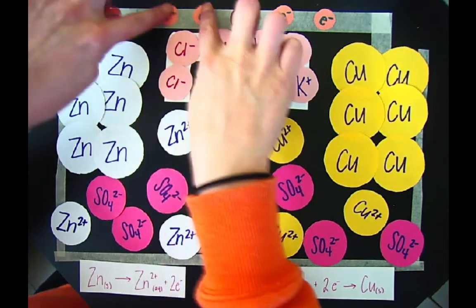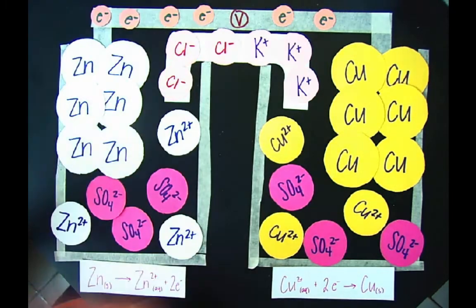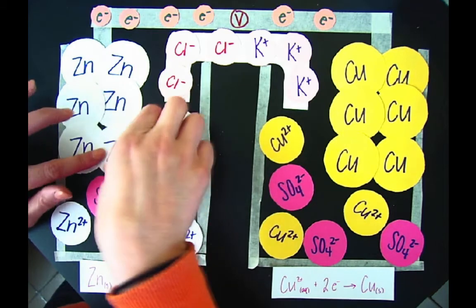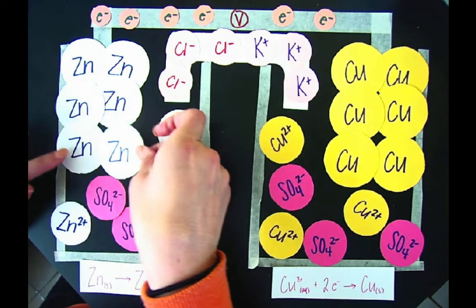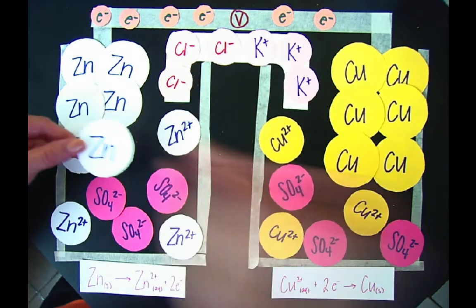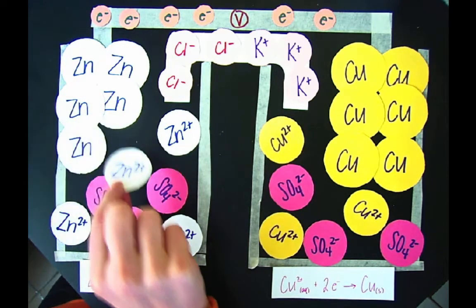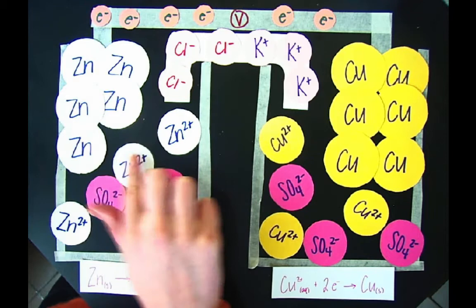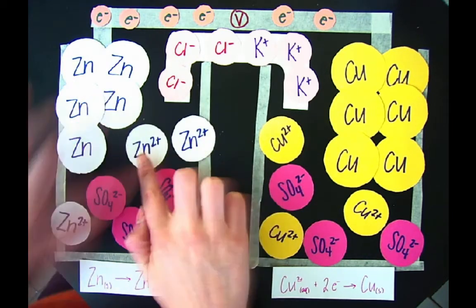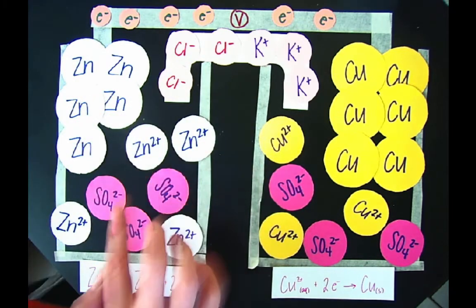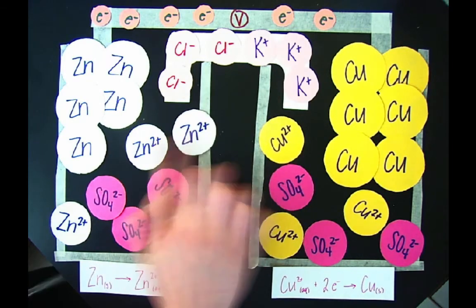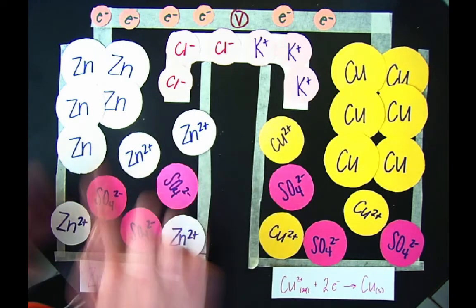We already have some electrons up here, but the electrons will move through the wire. When zinc undergoes oxidation, solid zinc turns into Zn2 plus. Remember that ions are in solution, so now we have zinc 2 plus in solution.